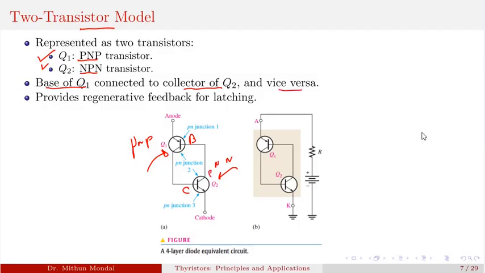So it means the base of transistor Q2 is connected to the collector of transistor Q1. Both the transistors are connected in the same fashion so that it would provide the regenerative feedback for the latching phenomenon. Here we are connecting an external source, and there is an internal source resistance R, which gives the supply to transistor Q1, and both the transistors are connected in the form of regenerative feedback.